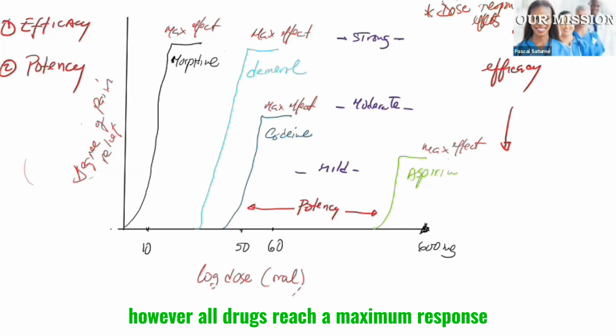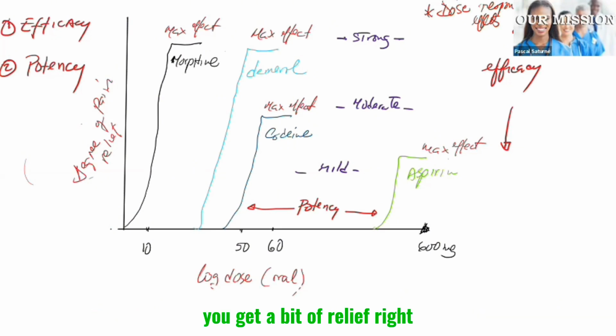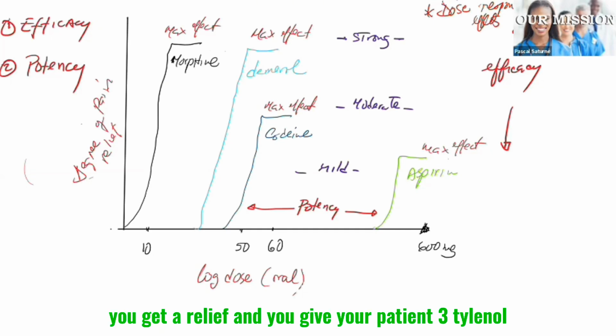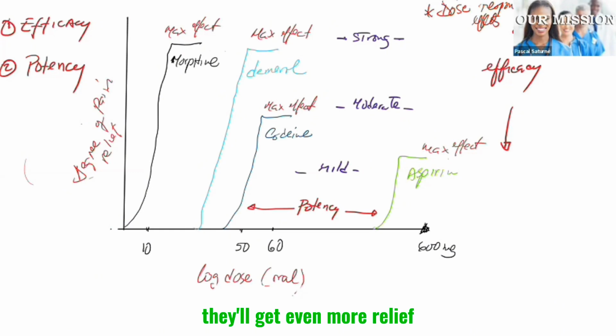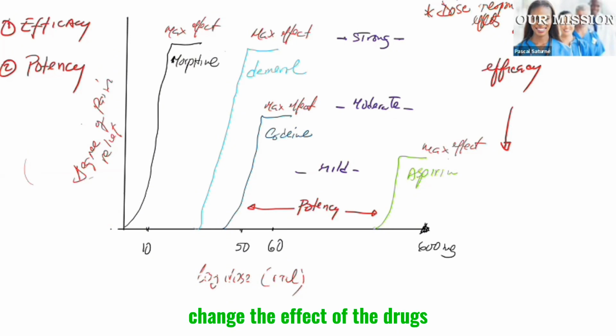However, all drugs reach a maximum response. In other words, let's say you give someone one Tylenol, you get a bit of relief, right? You give your patient 2 Tylenol, you get relief. You give your patient 3 Tylenol, they'll get even more relief. But it gets to a point where taking more and more of the drug would not actually change the effect of the drug.